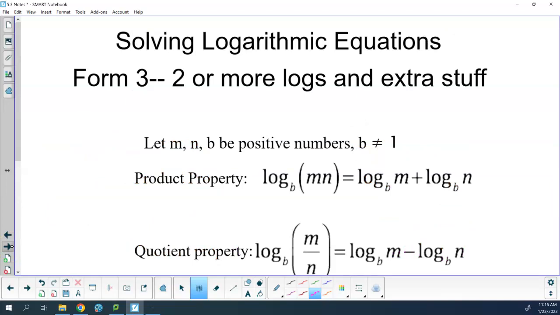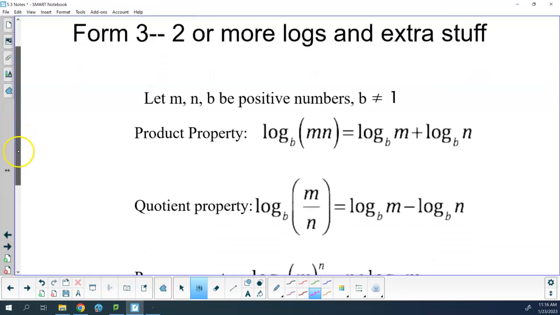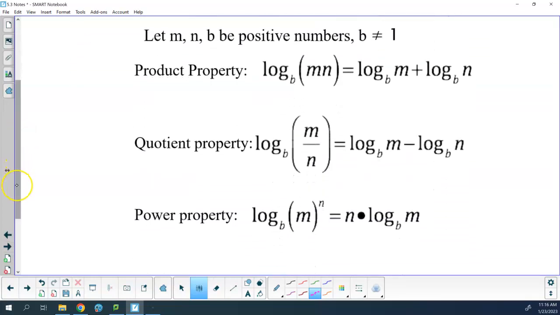In that case, when you've got two or more logs, and you can't get them into log equals log form, then you're going to have to use the three properties of logs or logarithmic functions.